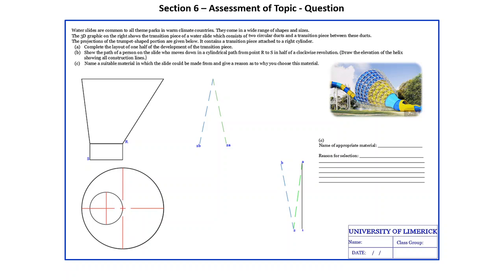Part C, name a suitable material in which the slide could be made from and give a reason as to why you chose this material. So we can see part A and part B will be drawn in on the space provided, and then question C will be drawn in on the right hand side there on the space provided as well.